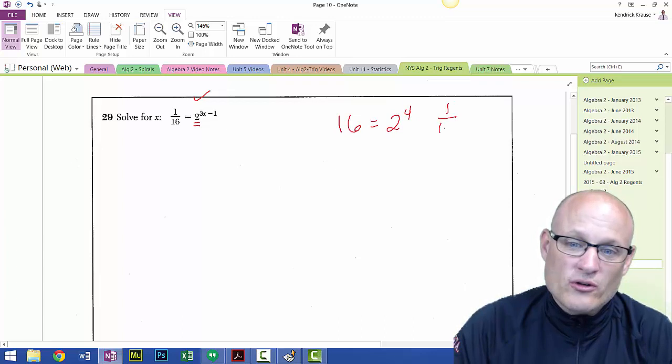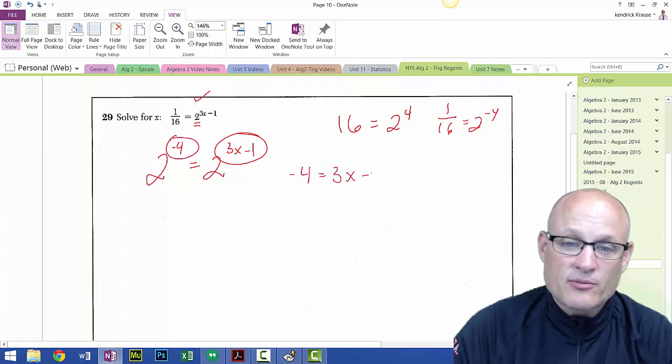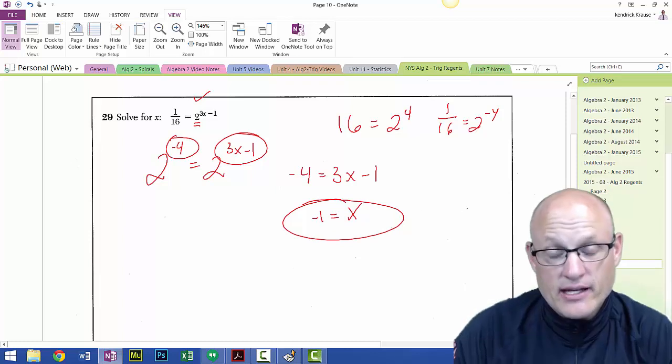So 1 over 16 is really 2 to the negative 4. So what you have here is 2 to the negative 4 is equal to 2 to the 3x minus 1. And now you set these equal to each other. So you go negative 4 is equal to 3x minus 1. I'm not going to belabor the point. The answer is x equals negative 1. There it is. That's the answer.